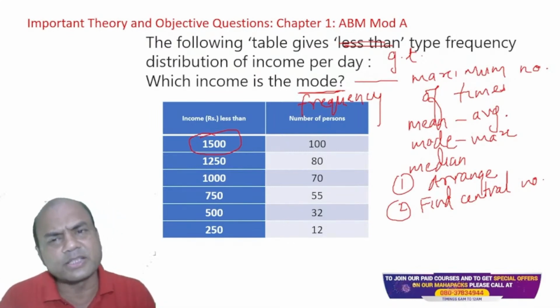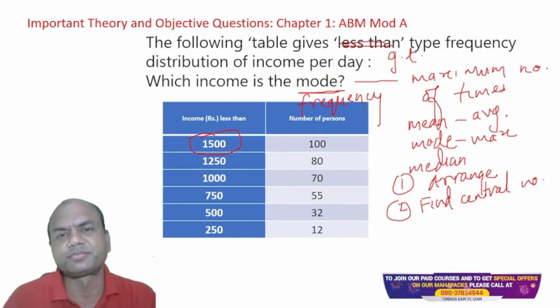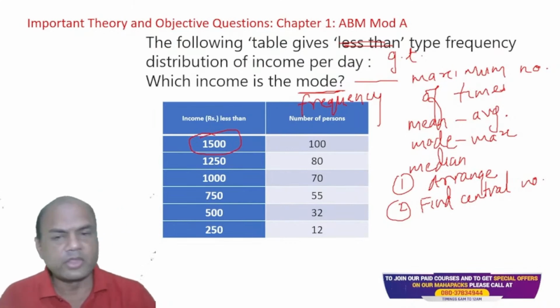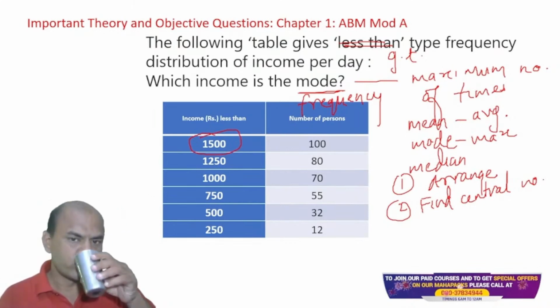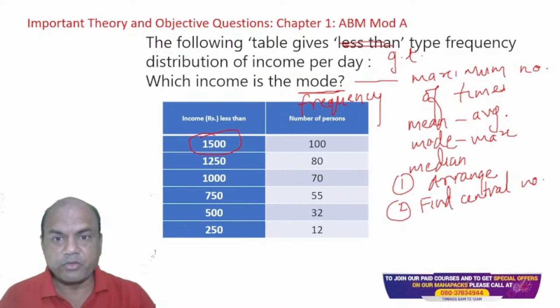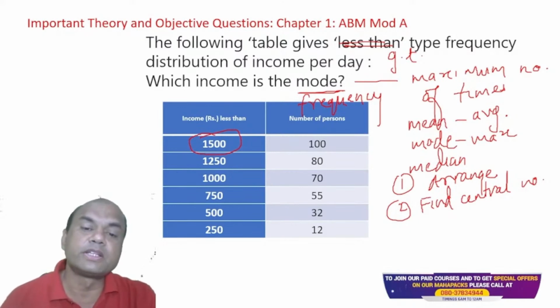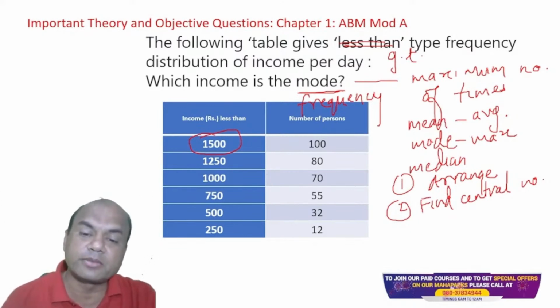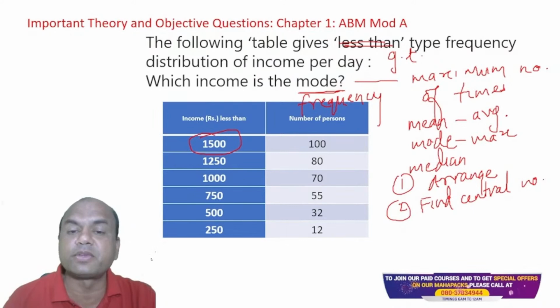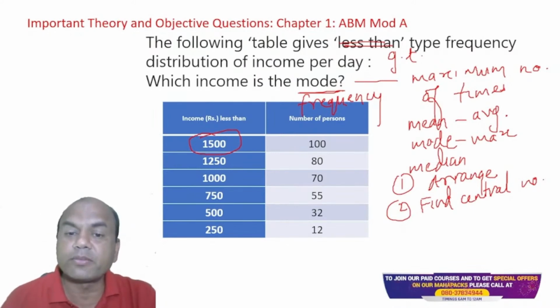There are various methods to this that I'll explain in some other video, but the logical part is this. So now tell me, which one is the mode in this? Which one is coming the maximum number of times? This is the frequency. Which one has a maximum frequency is a mode. So which is having maximum frequency?